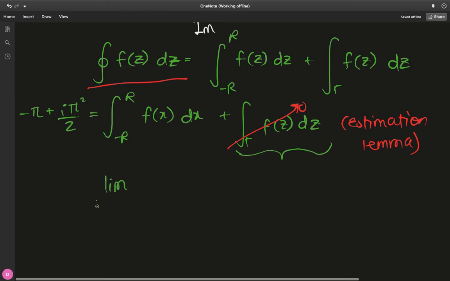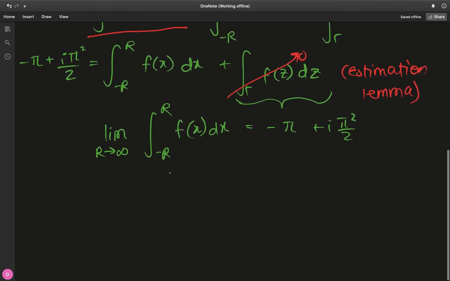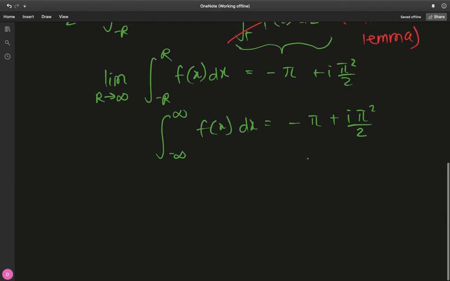The limit as r tends to infinity of the integral from minus r to r of f of x dx, because it's on the real axis, is equal to minus pi plus i pi squared over 2. We can just apply the limit, with the integral from minus infinity to infinity of f of x dx equal to minus pi plus i times pi squared over 2.